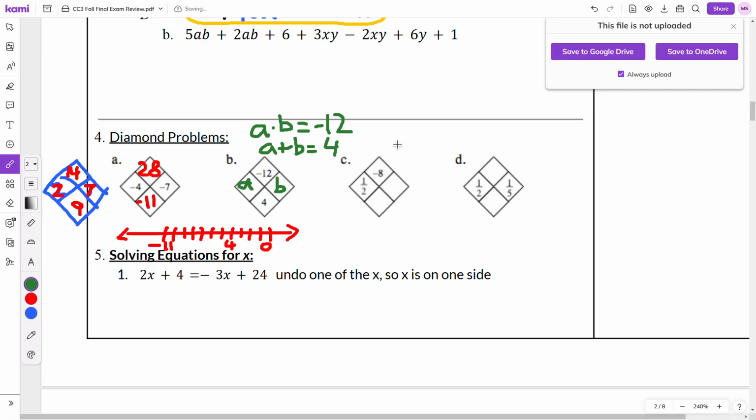Well, the way that you do this is you try out numbers from the top number. Let me use purple. So when you have to find both variables, that's the hardest one. So let me show you how that works.